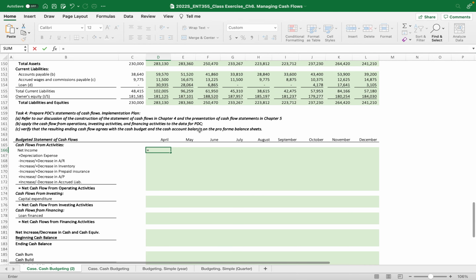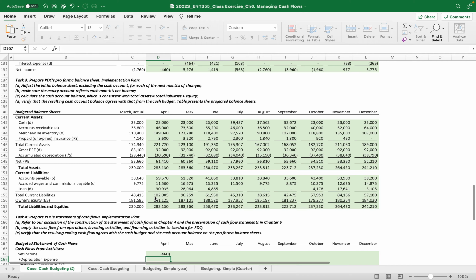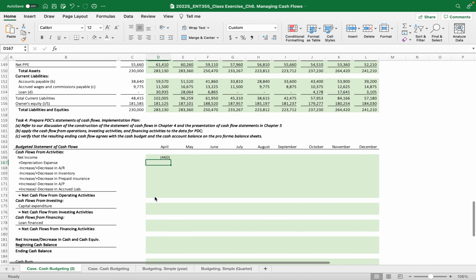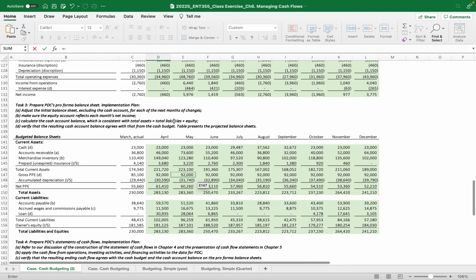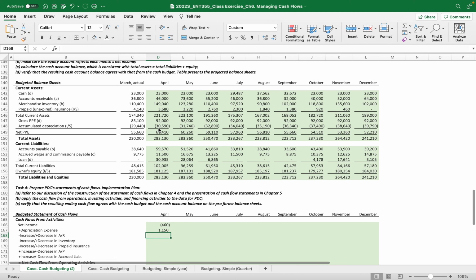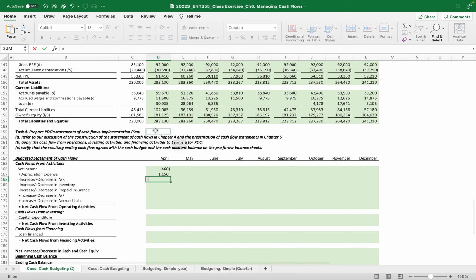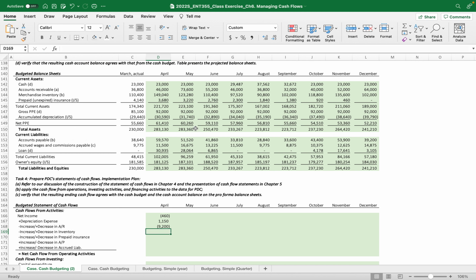Okay, let's go. Net income of the month, starting from 460, and then depreciation expense. Again, we need to add it back to net income, so positive. Then the difference between the two months of AR has increased, but it was not actual cash as cash sales.